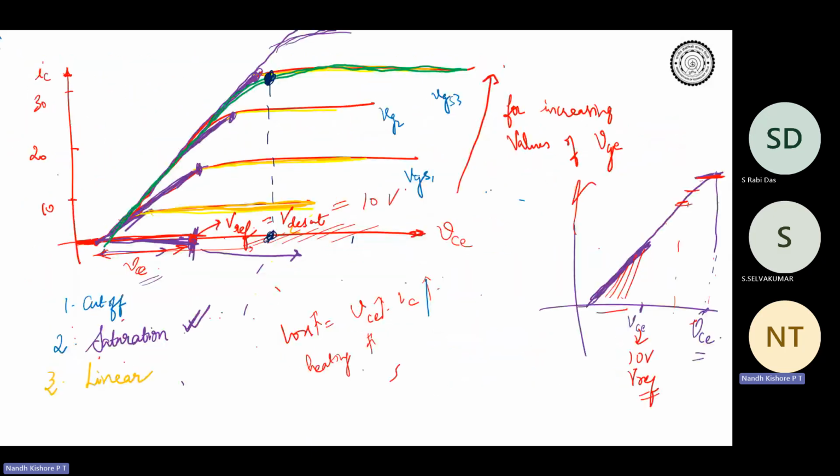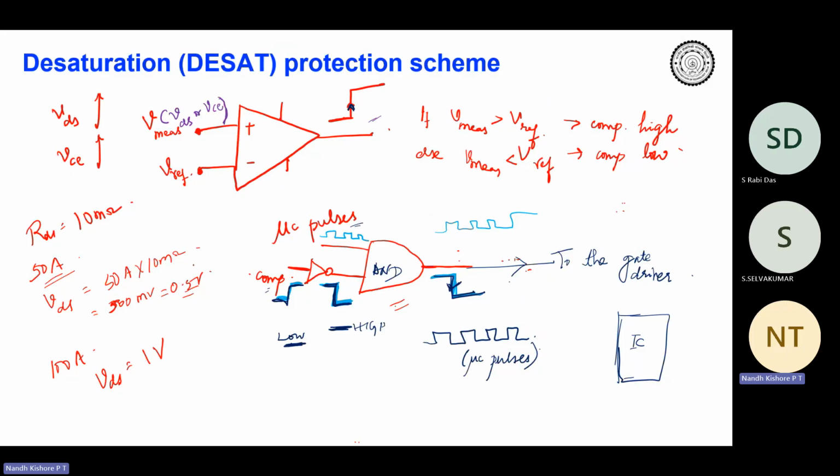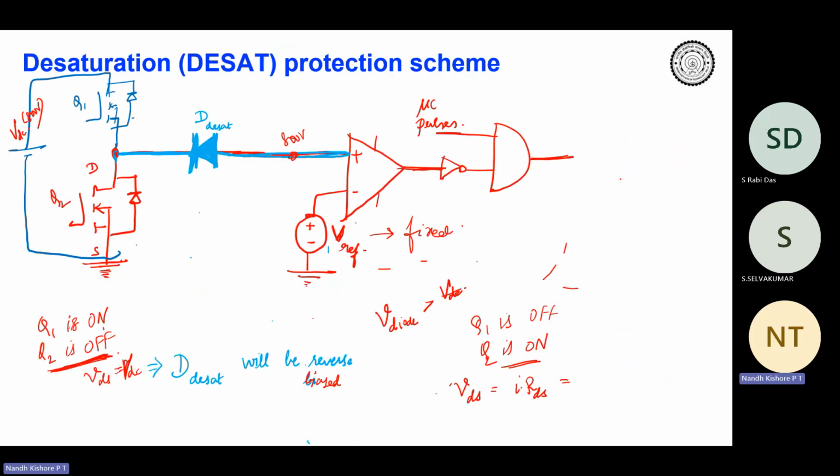Okay, so we saw that there is going to be a comparator part. We also saw that we cannot directly connect the comparator. The reason being, let's say, consider this half-bridge circuit shown in the figure.